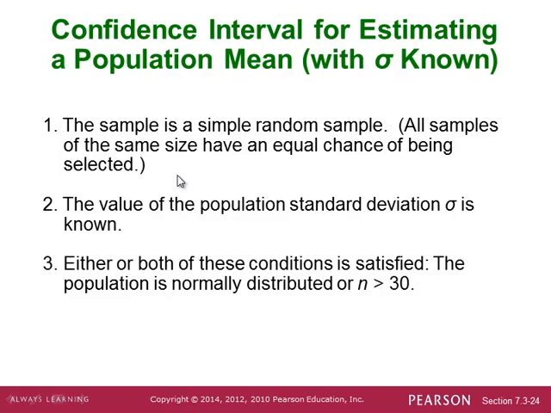We're going to assume that the sample is a simple random sample. Okay? Population standard deviation sigma is known. And either or both of these conditions is satisfied: either we've sampled from a normal distribution or sample size is greater than 30.